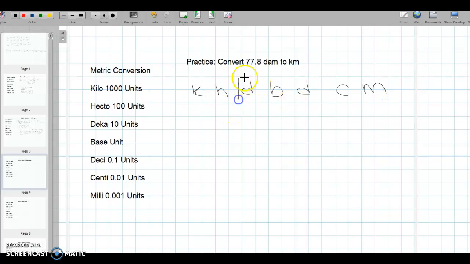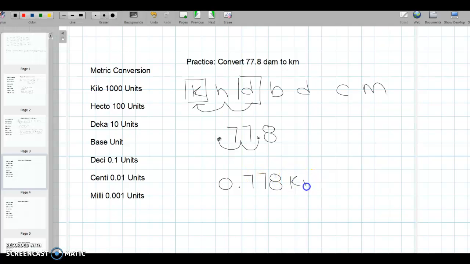We are here. We need to get here. We move it 1, 2 spots. So we have 77.8, move that over twice, and we have 0.778 kilometers.